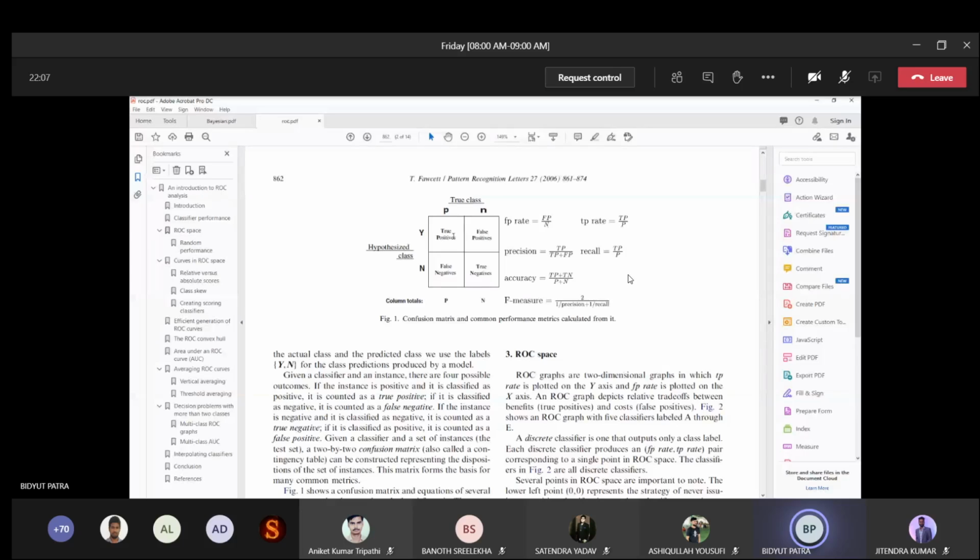So what will be the precision? Precision will be very low. Suppose P is equal to 100 samples and N is equal to 100 samples, then precision will be 50%. So this we also don't want.